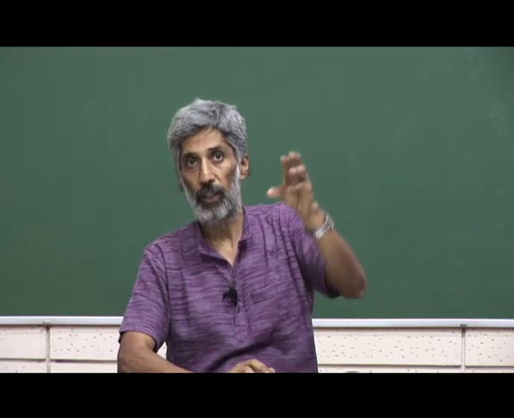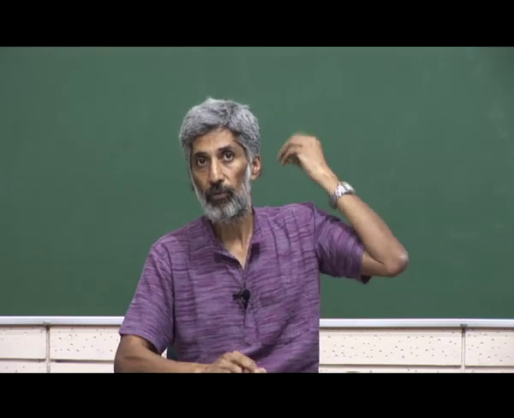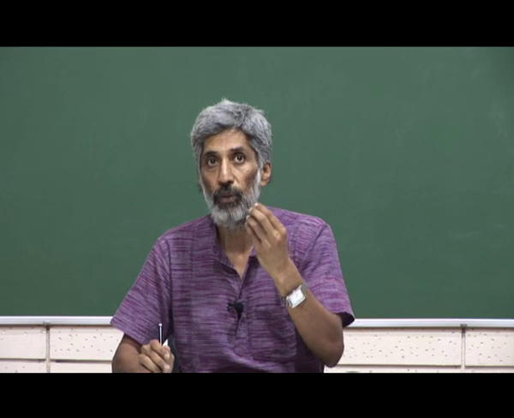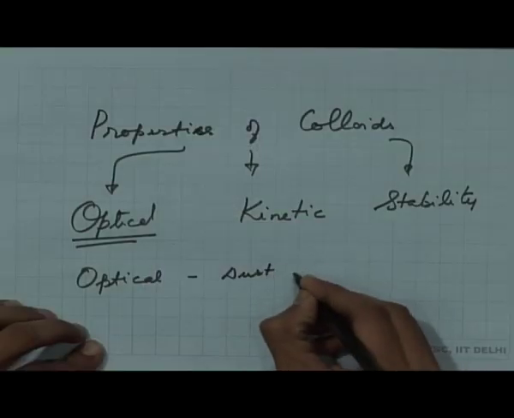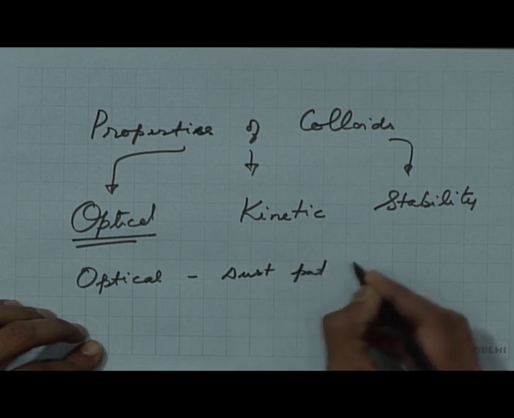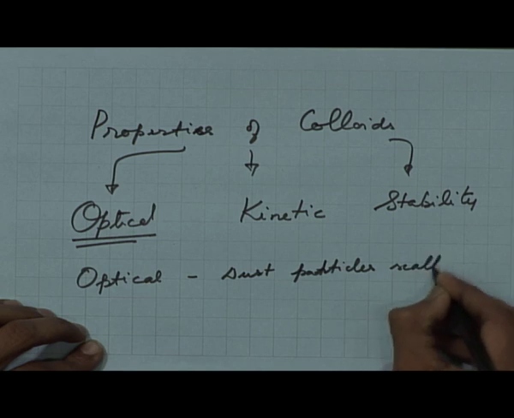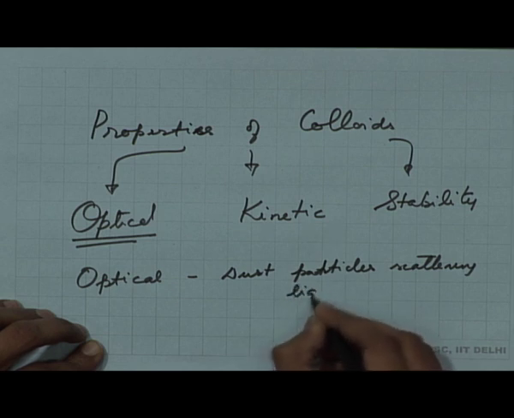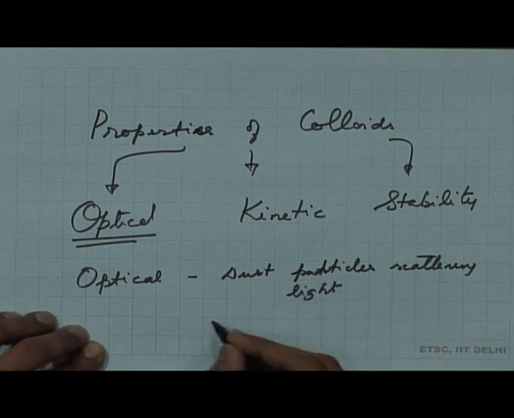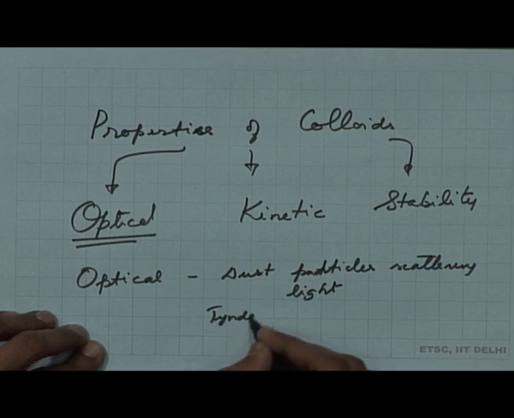This effect, this light being seen when you have the projector, is because of dust particles scattering light. And this is something that is very, very typical of colloidal particles, and this is called the Tyndall effect.